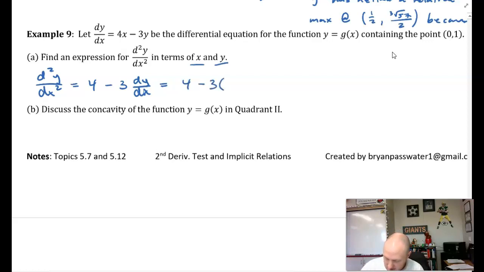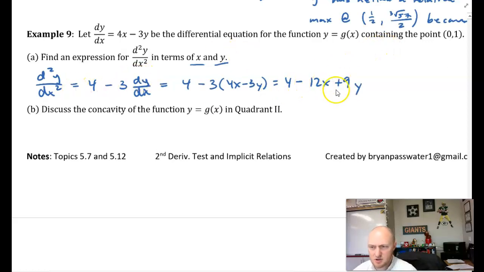So 4 minus 3 times 4x minus 3y, which gives us 4 minus 12x plus 9y. And there is my second derivative in terms of x and y. All I did was substitute this derivative back in.